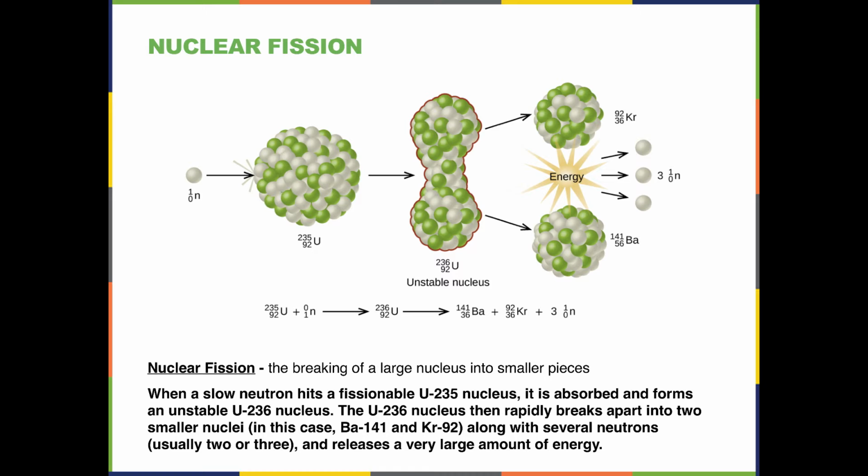A neutron strikes U-235. It is absorbed into U-235 to form the unstable U-236. This then breaks apart into barium-141 and krypton-92, and then 2 to 3 neutrons. And when this occurs, there's a release of a large amount of energy.